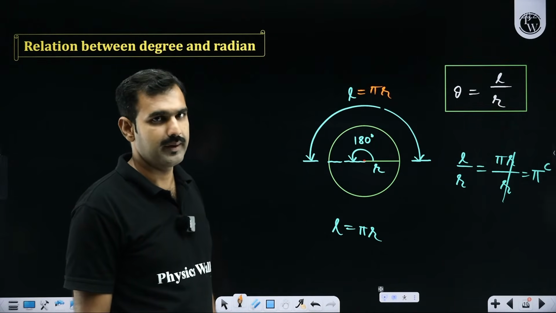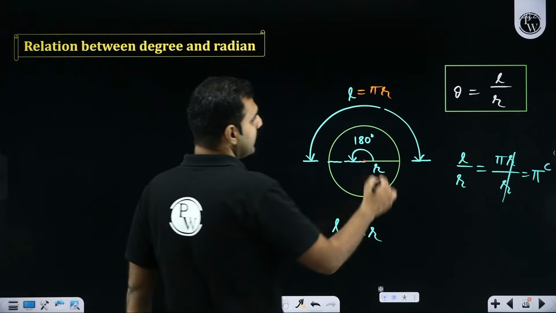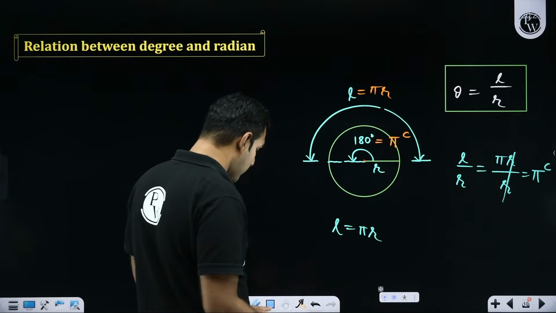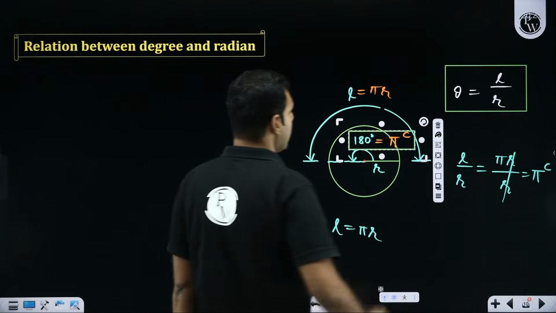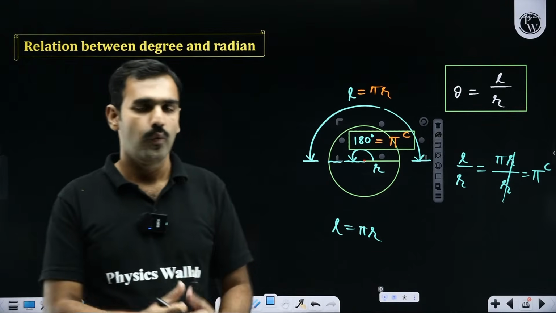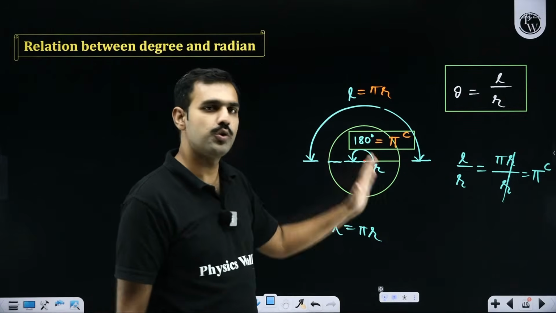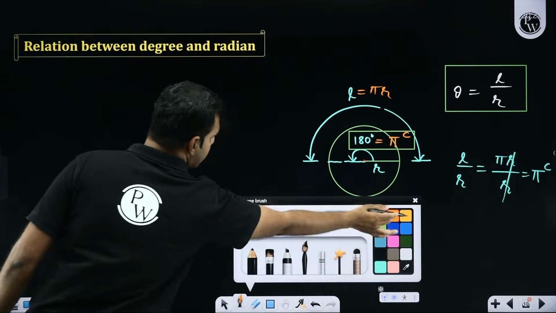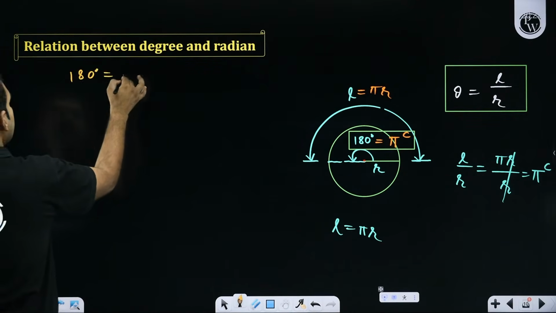Everybody getting it? All the participants. So what did I just say? I said that here 180 degree we have cracked as pi radian. Something very beautiful and important we have developed, that 180 degree is pi radian, and with this relation we'll work out all the other conversions as well. Everybody got this conclusion first of all? Yes or no? So sir, we have concluded this idea that 180 degree is pi radian.